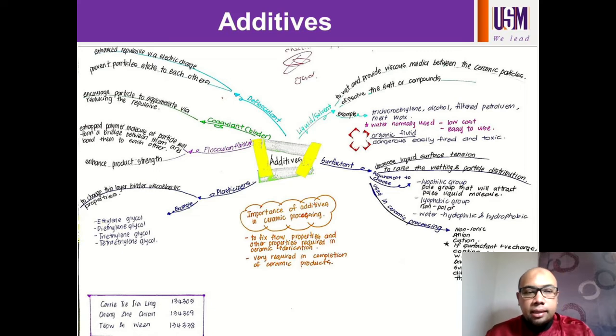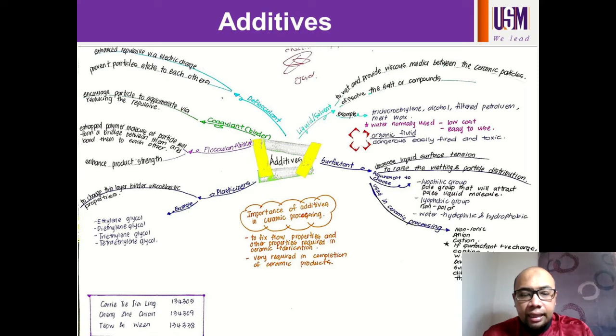Let's say you use the milling process, which means you need to mix the ceramic powder with the liquid media, and then you will mill it. When you mill it, you need to consider the critical speed, the diameter of the container, the diameter of the ball, the amount of the ball, feed concentration, and others.